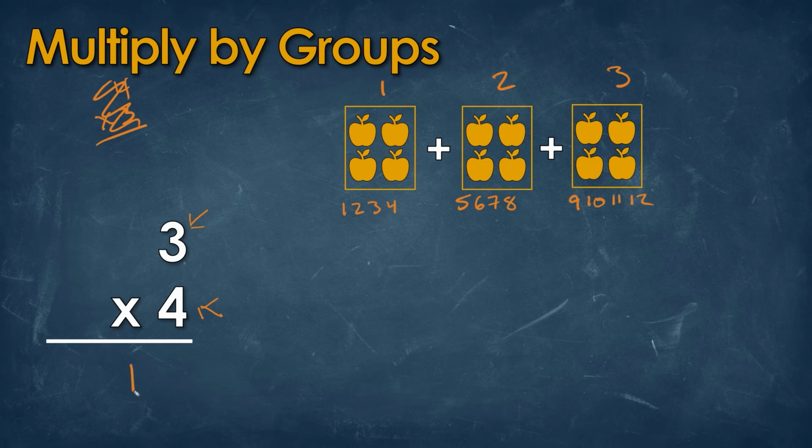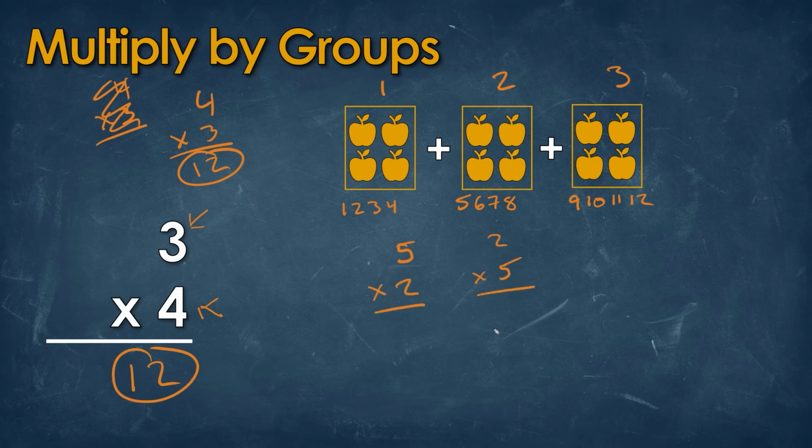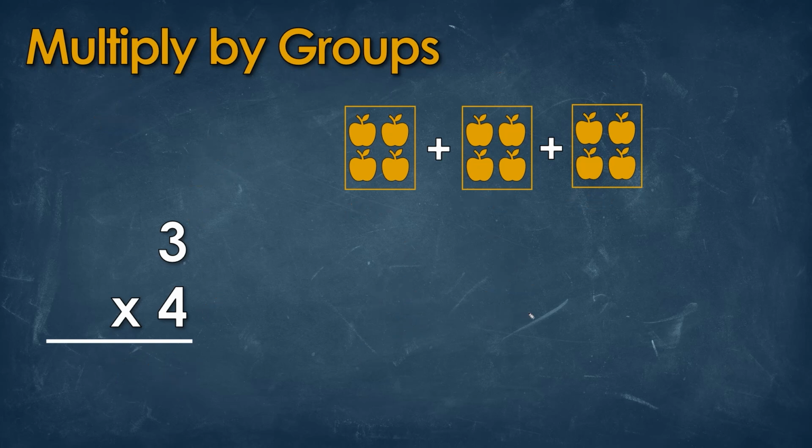Well, hey, take a look at that. Remember, when we had 4 times 3, that equaled 12 too. But if we have 3 times 4, that both equals 12. And we call that the reciprocal, meaning that if we multiply by the same numbers, say if we multiply 5 by 2 versus 2 times 5, guess what? We do get the same value. And we'll talk more about that later.